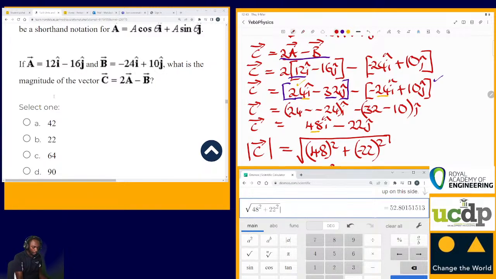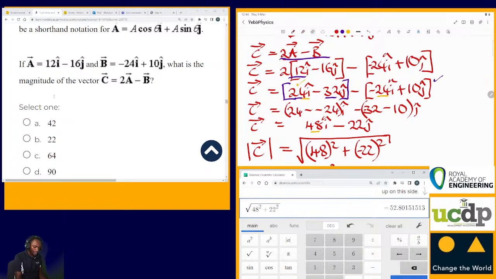So there is our negative 32. Minus 10. So it's going to be negative 32 minus 10. So negative 32 minus 10 is going to be negative 42.